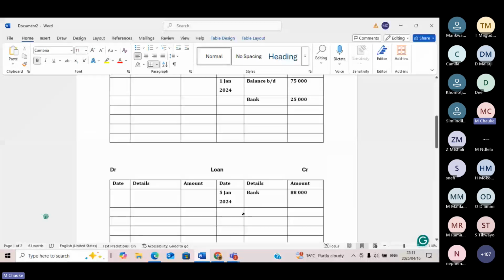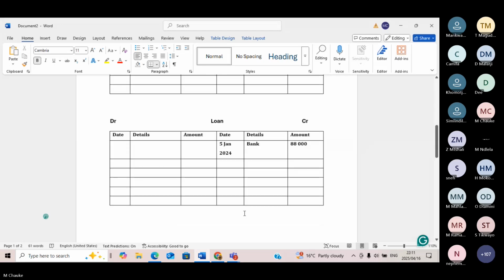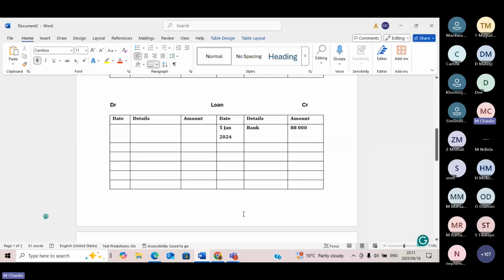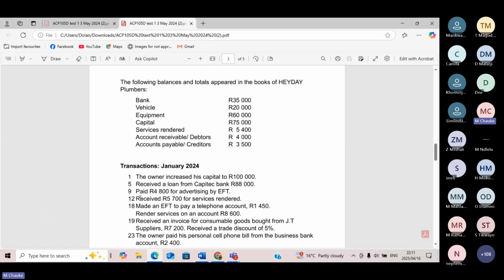And then we go to the next transaction. The next transaction happened on the 9th, where you paid 4,800 for advertising. So it means we must create another account for advertising.